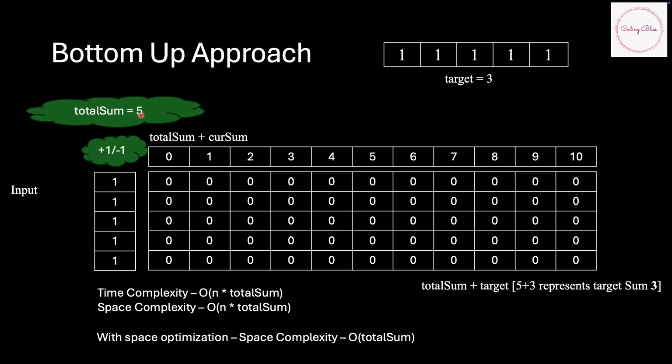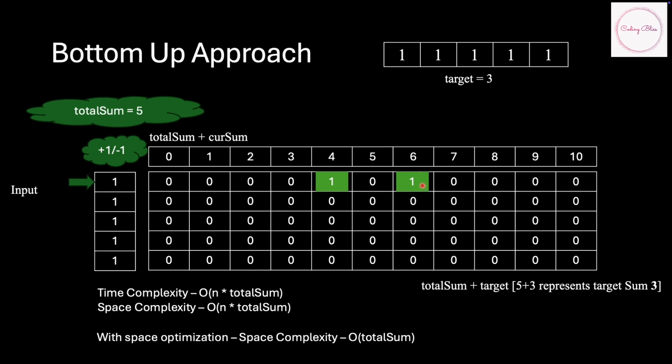Now total sum is 5, so let me start with subtracting 1. So let's take this row alone. If I subtract 1, it's 5 minus 1, so that means it will be 4. So I'll come to this index and I'll be just subtracting this one, and for adding 1 I'll just set value 6 to 1.